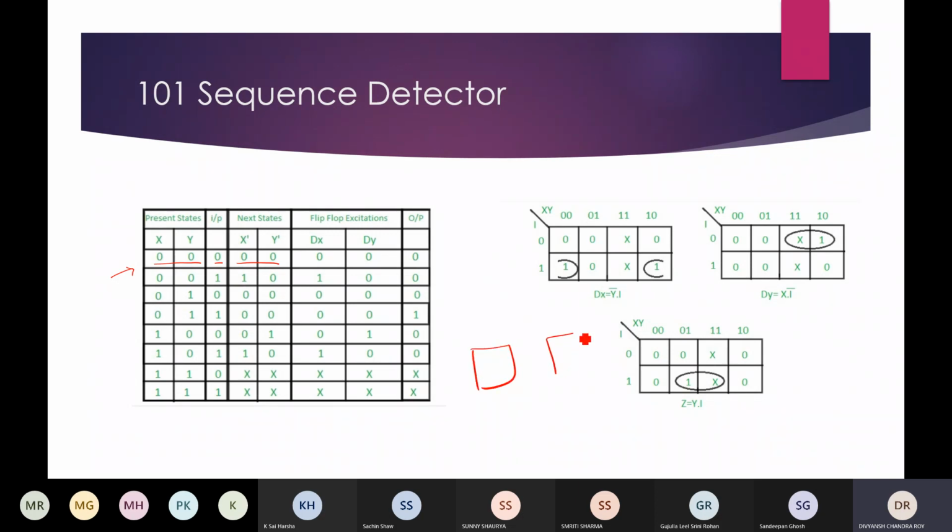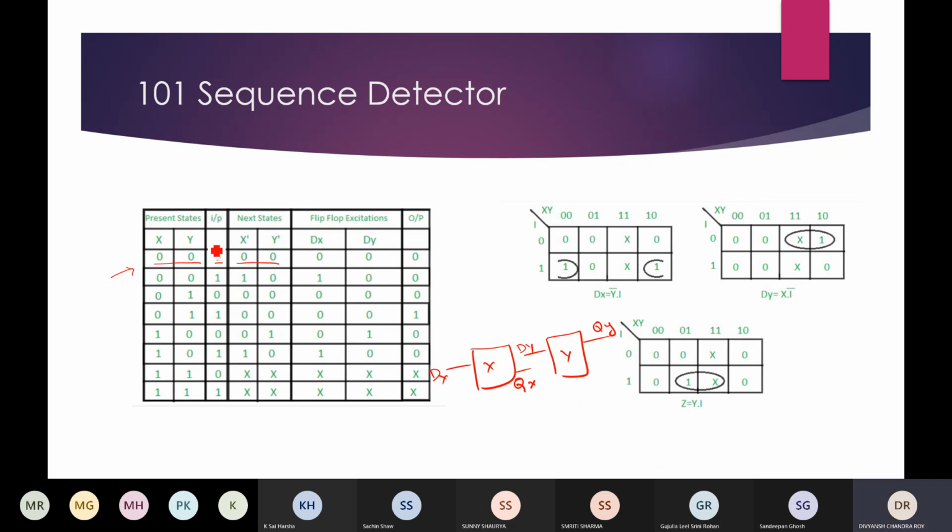And now we simply write a K map. This is implemented in this way. Basically we have two D flip flops x and y, and their inputs are dx and dy, and these are qy and qx. So qx and qy will be my two states, two bits of state, and their value can lie between 00, 01 and 10, that are my area of interest for the state diagram.